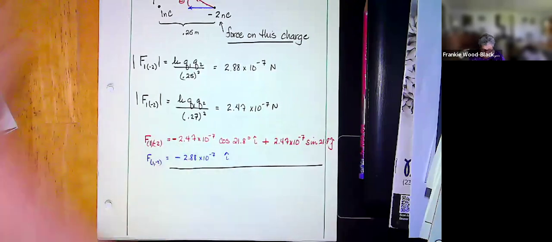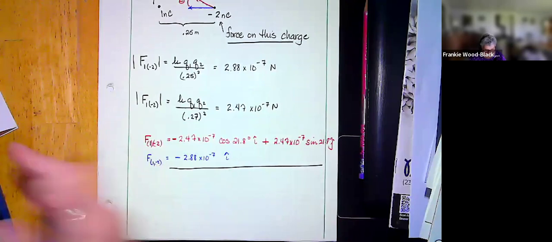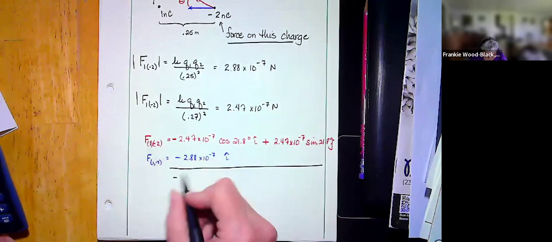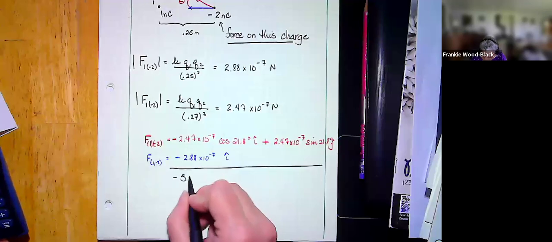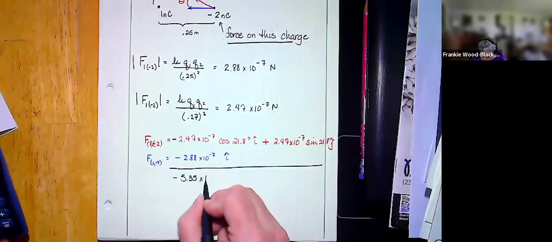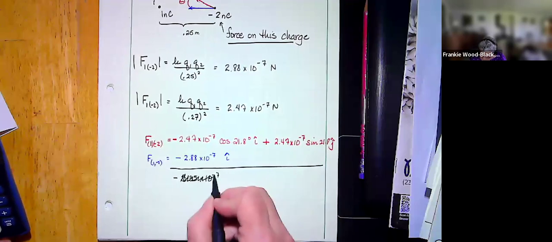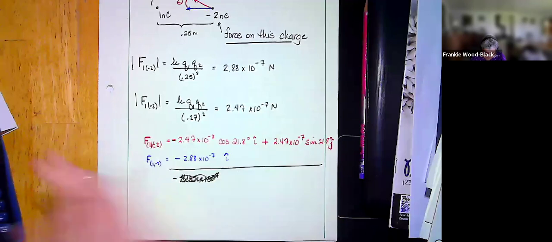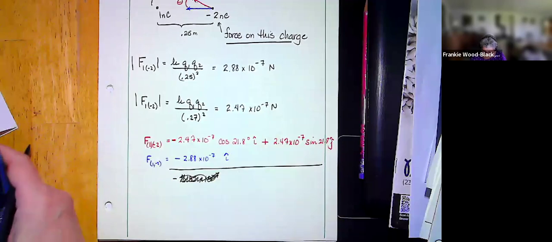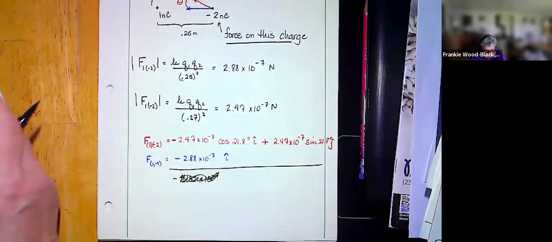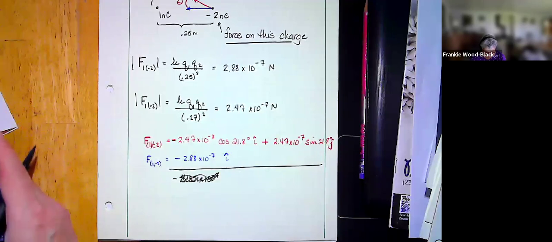So this is going to be a negative 5.35 times 10 to the minus 7. Oops. I forgot to take care of something. 2.47 cosine of 21.8.